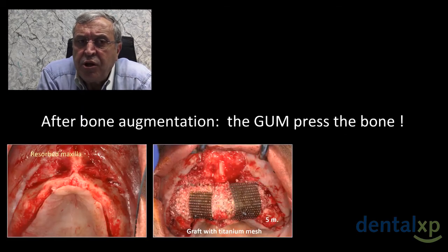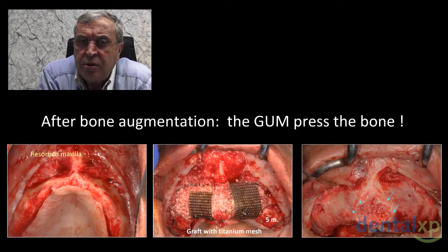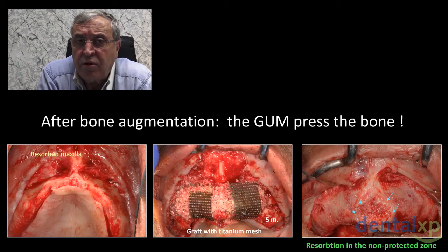After bone augmentation, we can see how the flap is pressing the bone and resorbing the bone. We put 2 meshes, and between the 2 meshes there is no protection from the pressure. And what happens? The resorption is only at the place where the bone graft is in contact with the flap.